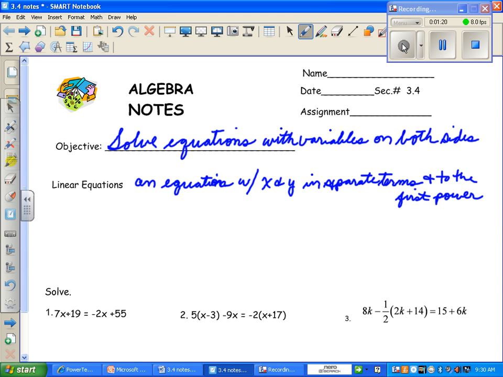That means x and y need to be to the first power. So you have two parts to this definition. Well, it's an equation for one. And then it's going to have x and y in separate terms and x and y to the first power.